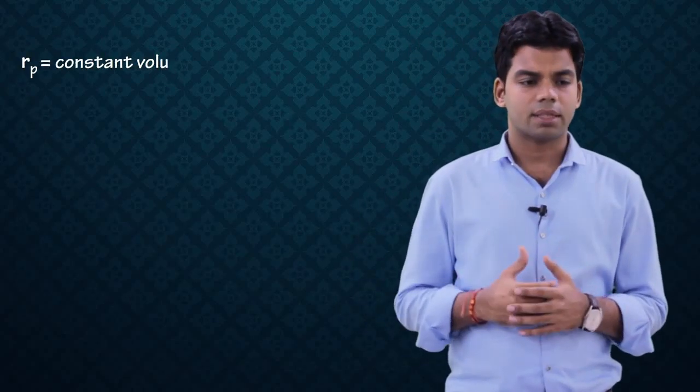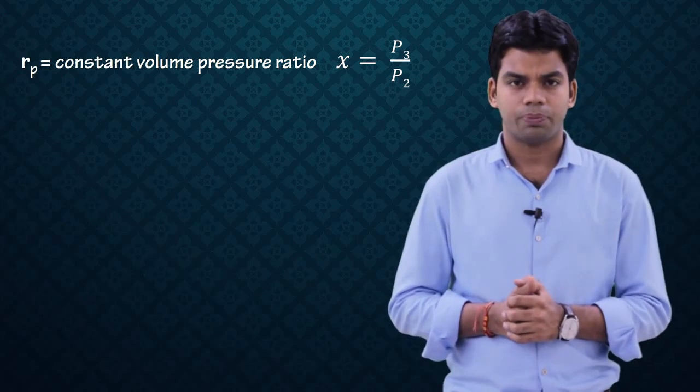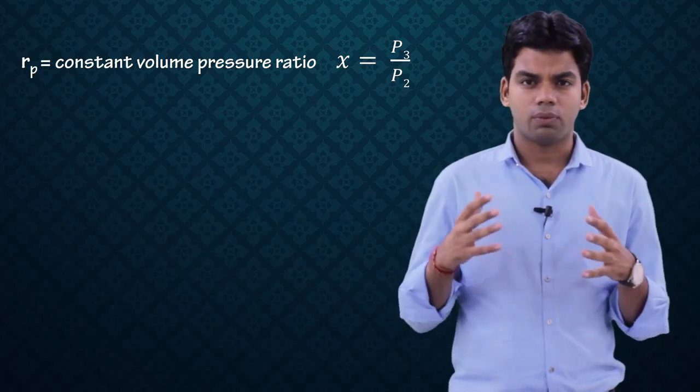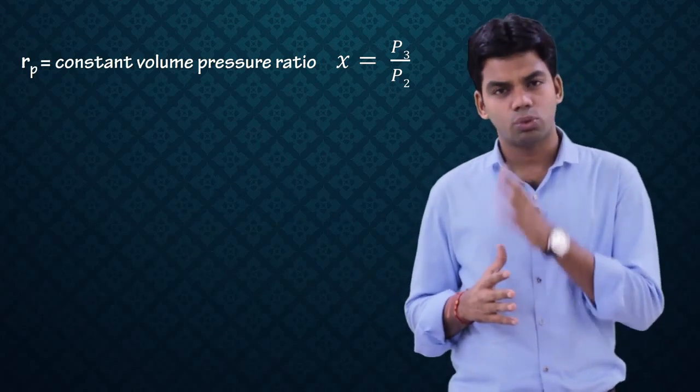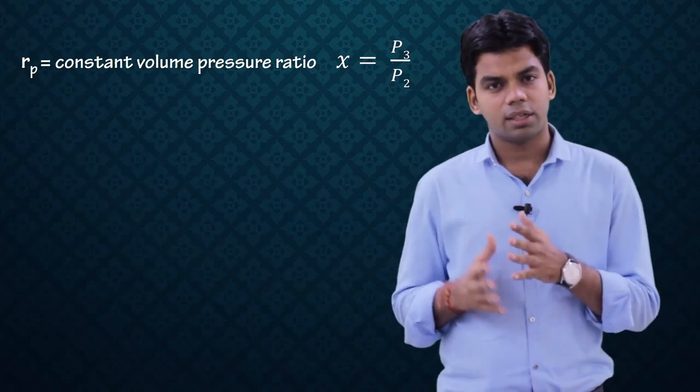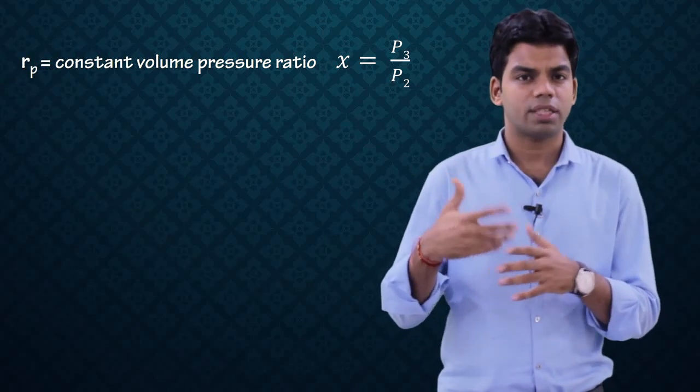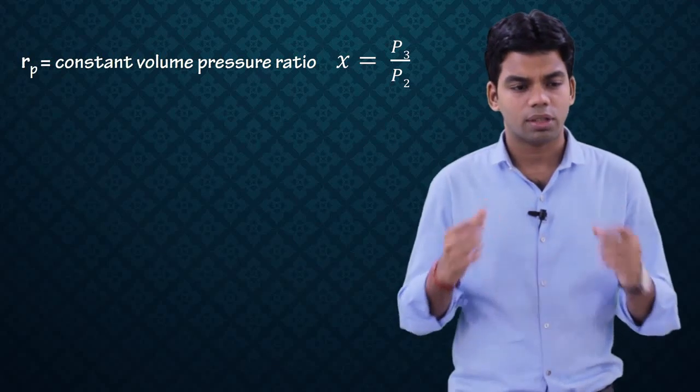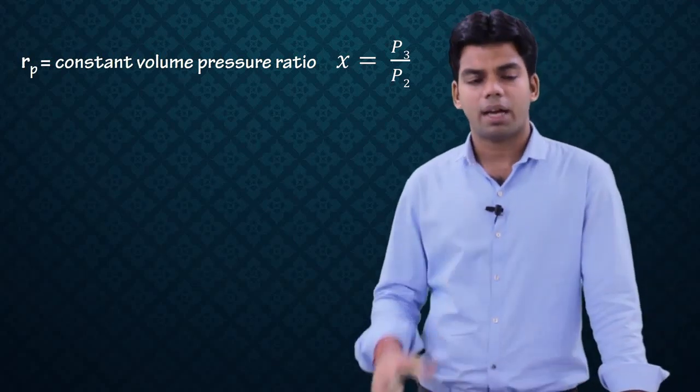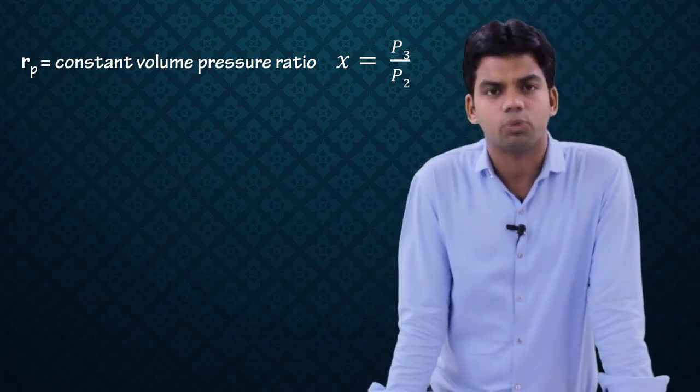Apart from this, we have one more ratio, which is RP, the constant volume pressure ratio. We have a constant volume heat addition process from 2-3, where the pressure changes from P2 to P3. The ratio of this change in pressure is the constant volume pressure ratio, denoted by RP, which is equal to P3 by P2.